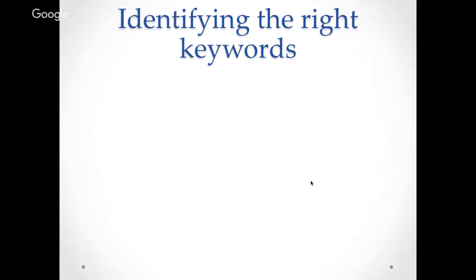So the next point is learning how to identify the right keywords to use in your literature search. We've already been using a few keywords when we were doing the initial research to get into your topic.